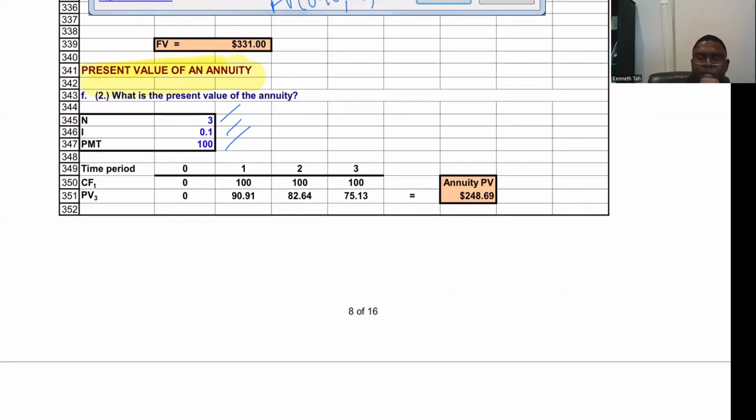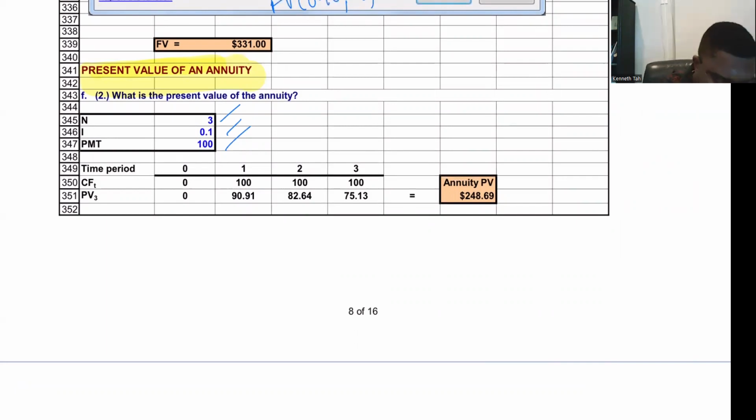So what is the present value of this annuity? Or if you were to buy this annuity, what is the value? How much are you going to pay? It's going to be the present value of all future cash flow.